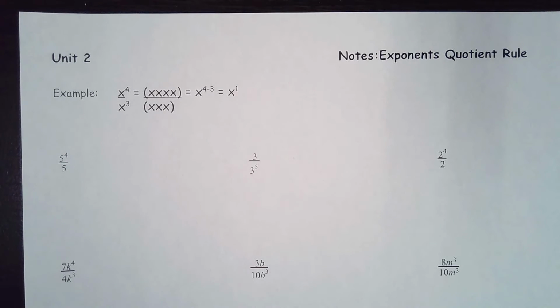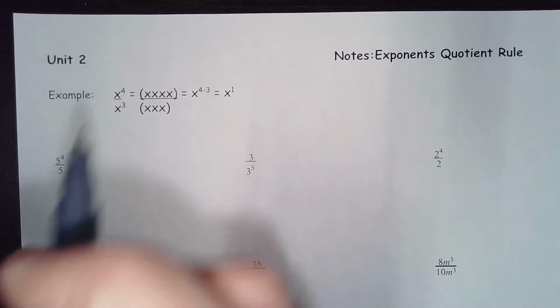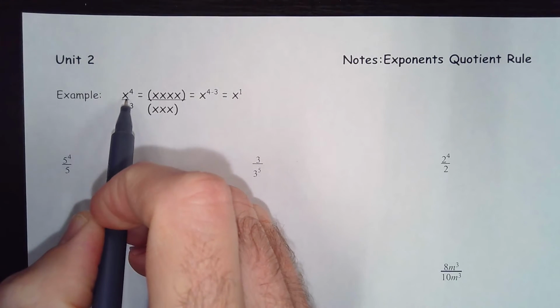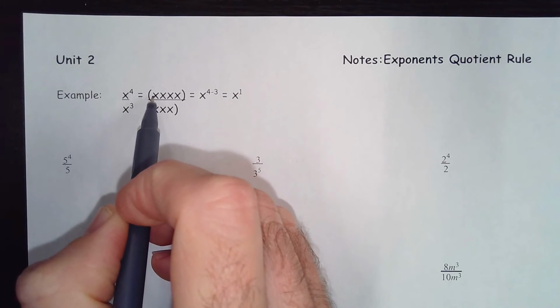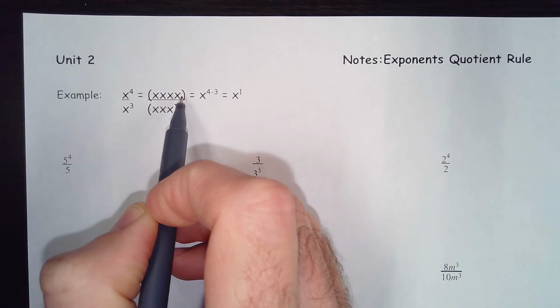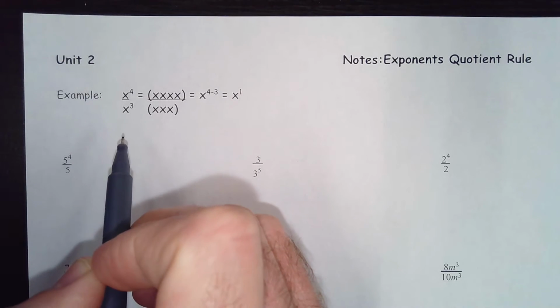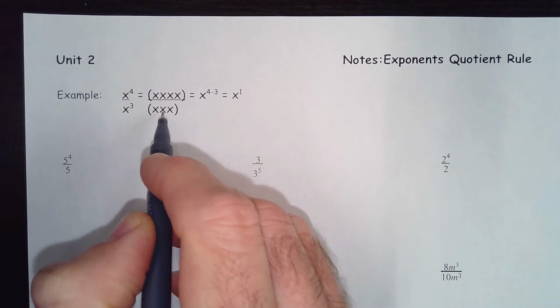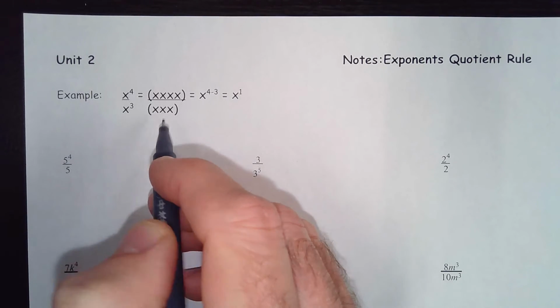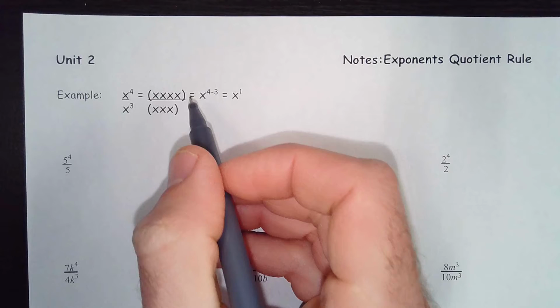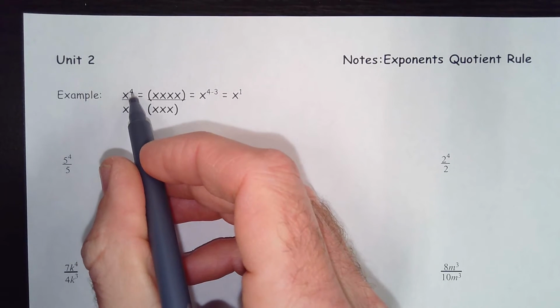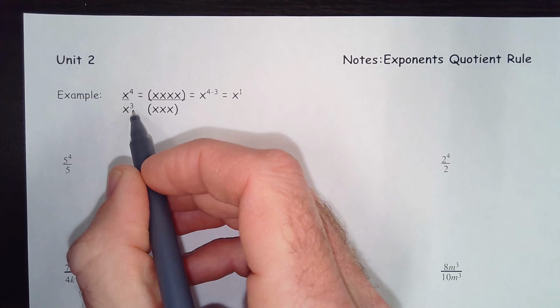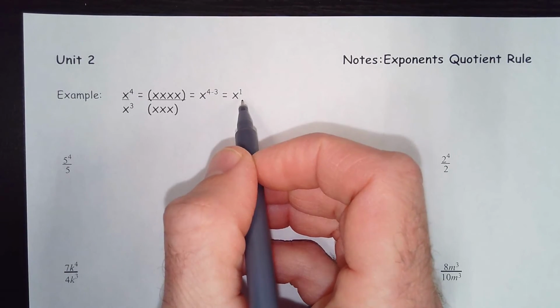So our example here is x to the fourth. We expand it out, it's the same as x times x times x times x, and then divided by x to the third, which is like x times x times x. The quotient rule tells us we can subtract those exponents, the numerator exponent minus the denominator, and we get x to the first.